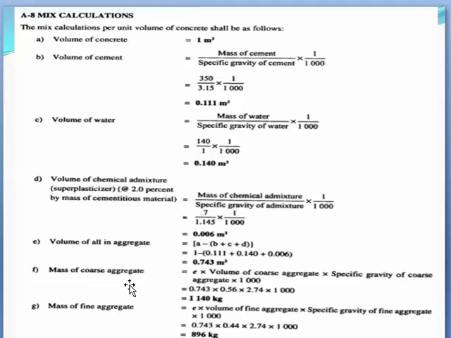Mass of the coarse aggregate is 1140 kg, and mass of the fine aggregate is 896 kg. Students, how these mix calculations take place, we have discussed in the previous numerical also, and we have focused on the specific clauses of IS 10262 which have been taken into consideration while designing M40 grade of concrete. These are very important factors which we have discussed in this lecture while preparing this mix design, right.